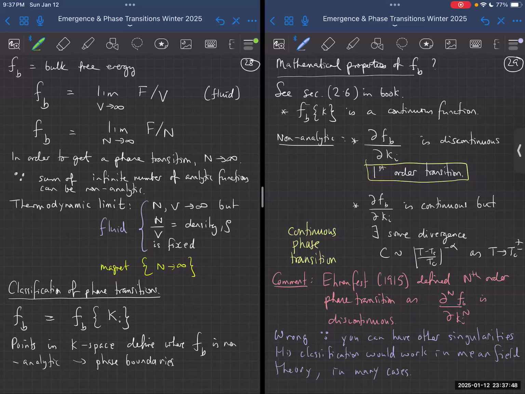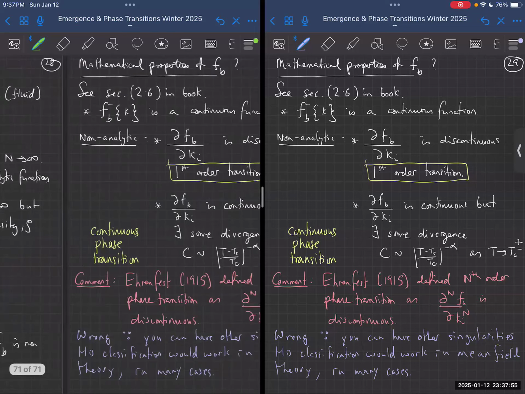Maybe all, I can't think right now if there are other cases, but anyway, that was a much too simplistic picture.